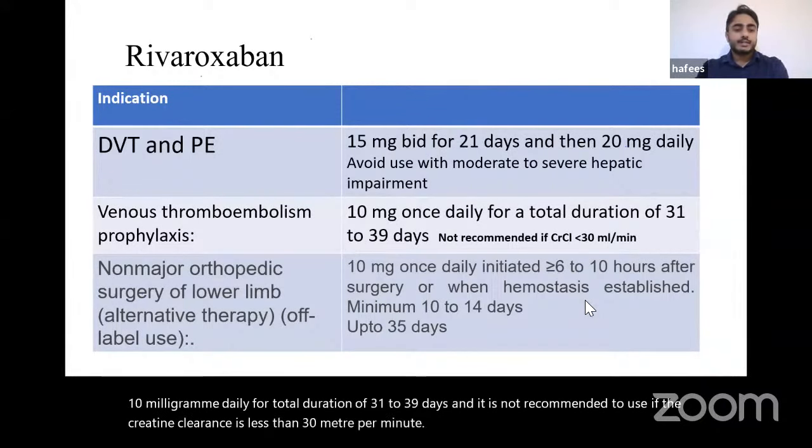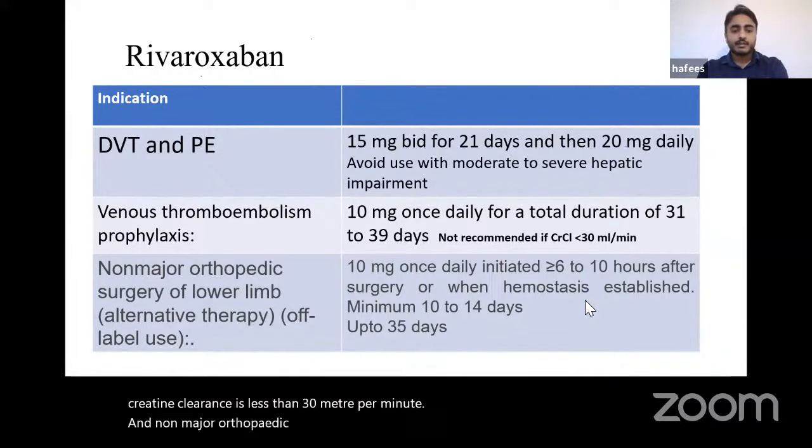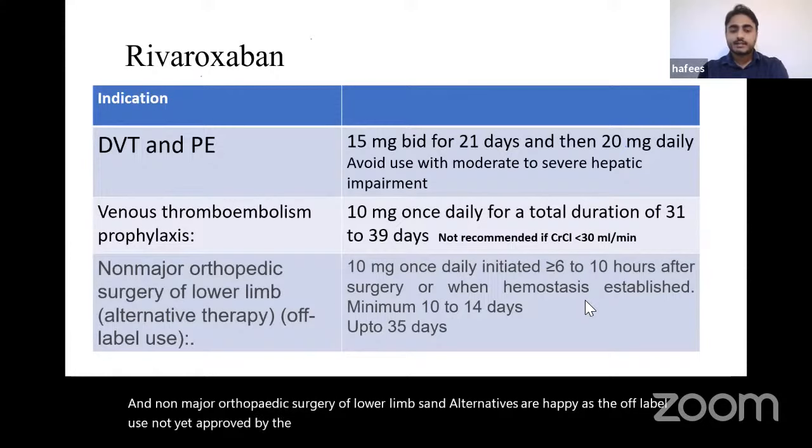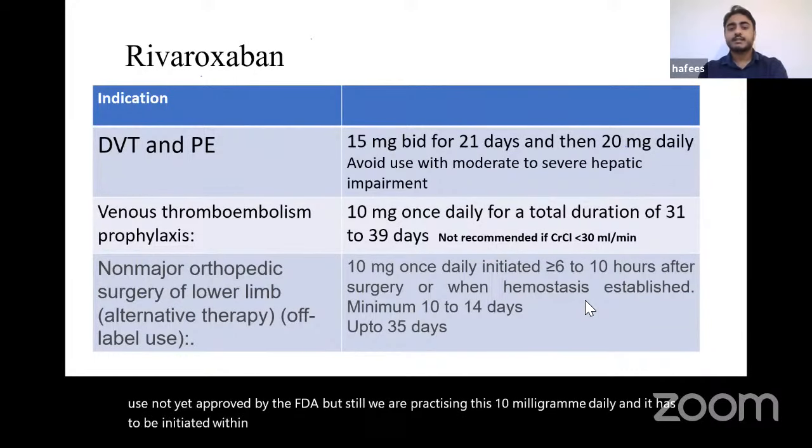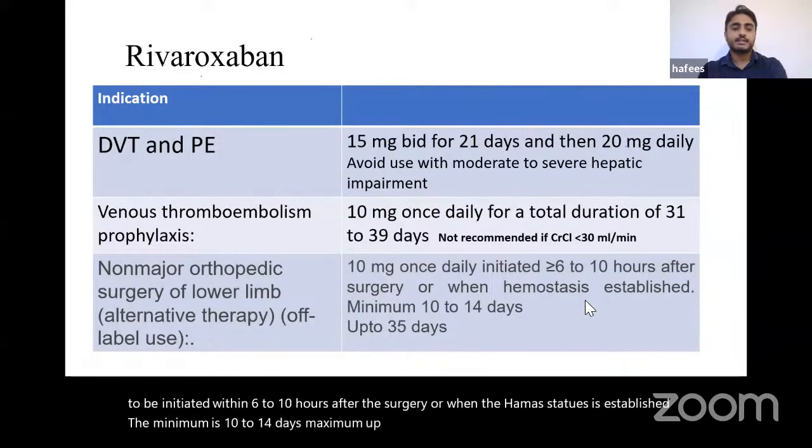In non-major orthopedic surgery of the lower limb, it's an alternative therapy. It's off-label use, not yet approved by the FDA, but still we are practicing this. 10 milligram daily, and it has to be initiated within 6 to 10 hours after the surgery, or when hemostasis is established. The minimum is 10 to 14 days, maximum up to 35 days.